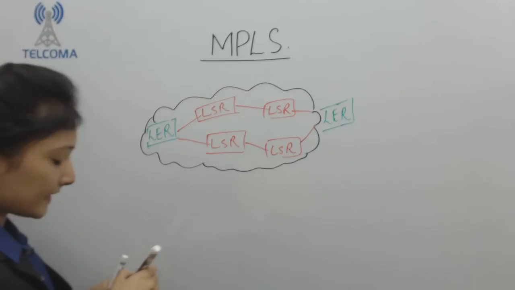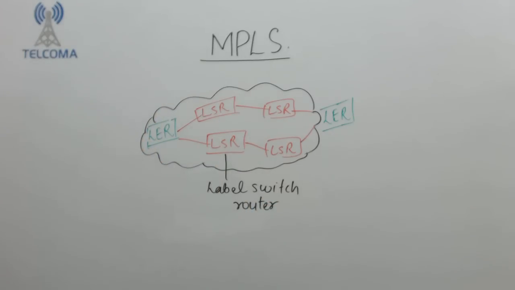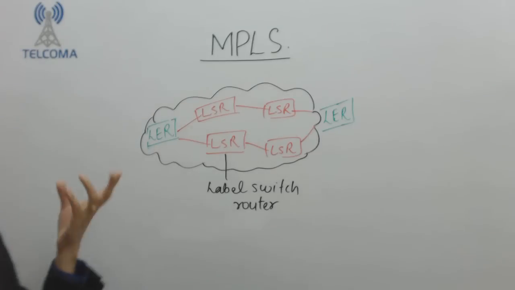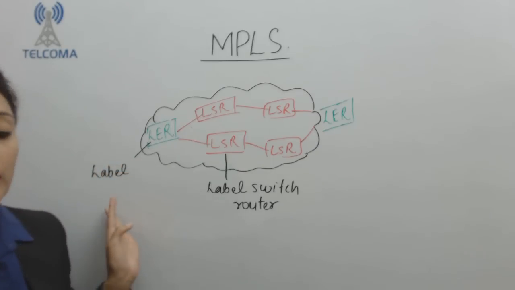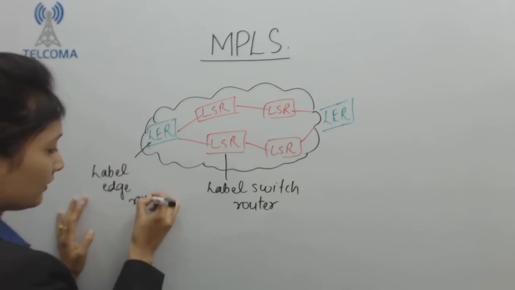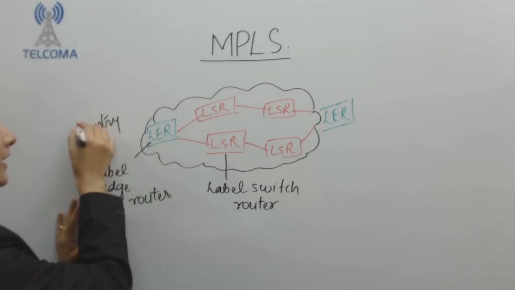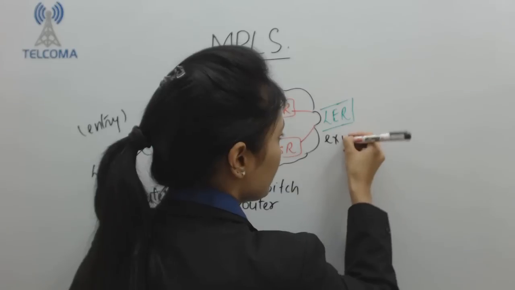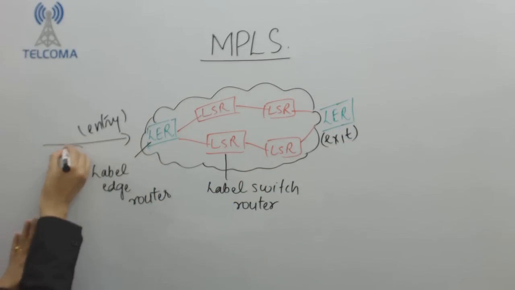So this is your MPLS domain, and this is your simple label switch router. We will study each of these components in detail when we study the architecture and functioning of MPLS systems. And these LERs, when they are at the edge of the network, are called label edge routers. Like this can mark the entry or the beginning of your MPLS domain, and then it could be like your exit. Like you can say that the traffic is coming from the IP domain.